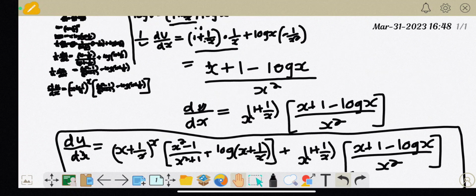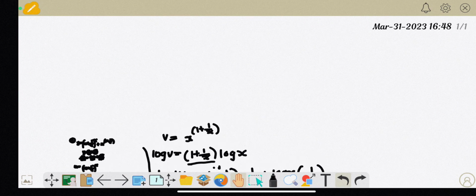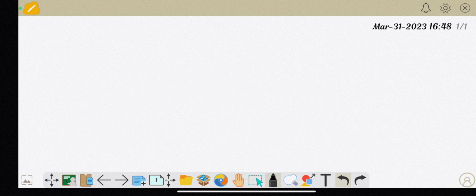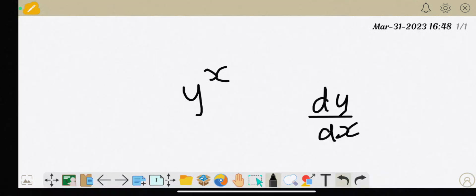So you understood how to solve this? Okay, in the last class you had asked me one doubt, right? If you have y to the power x, why can't you apply the rule dy by dx of x to the power n is n x to the power n minus 1?